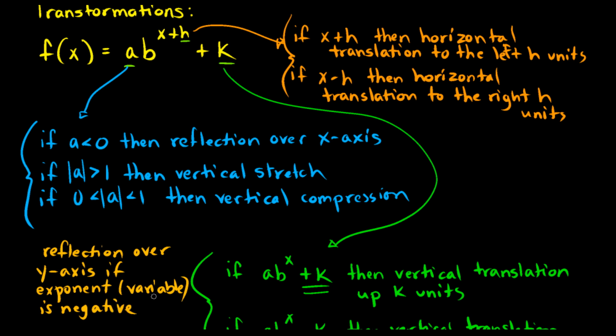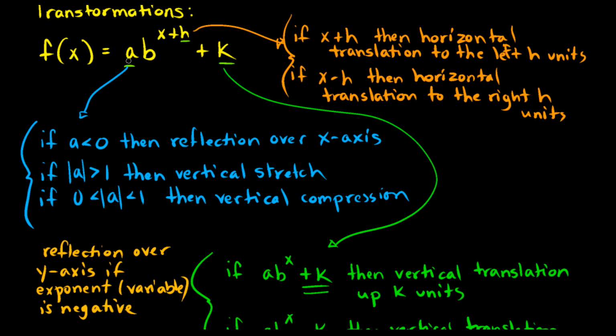And we're talking about the variable in these cases because if it was just y equals 3 to the -5, well, that's not an exponential function. Remember, an exponential function has to have a variable in the exponent. And if that variable is negated, then there's a reflection over the y-axis.